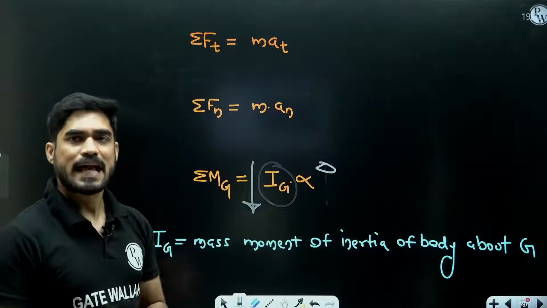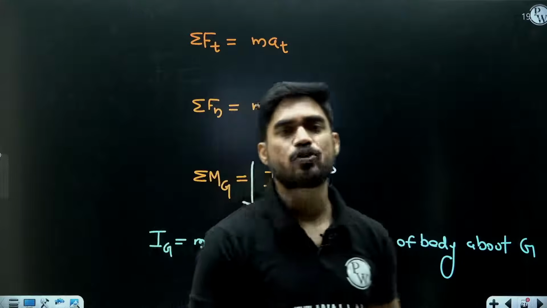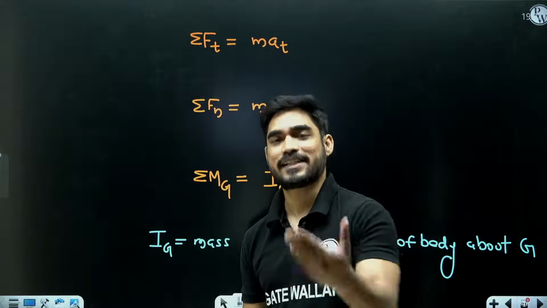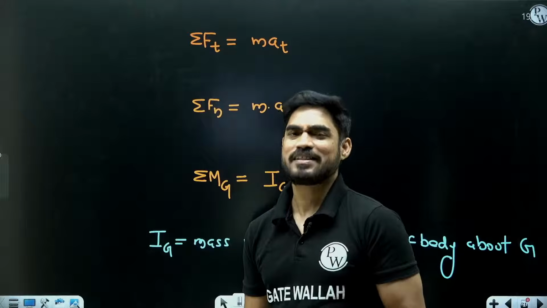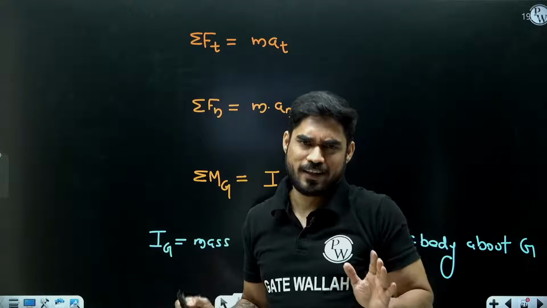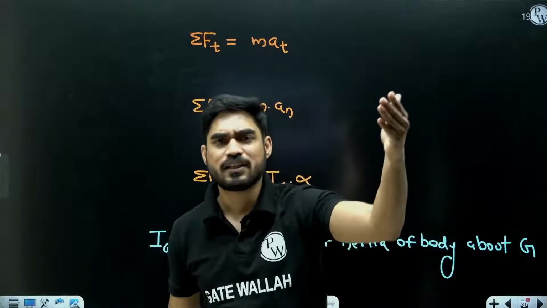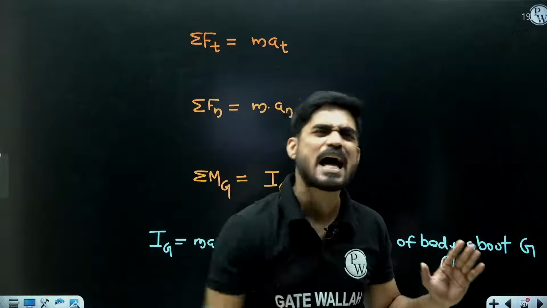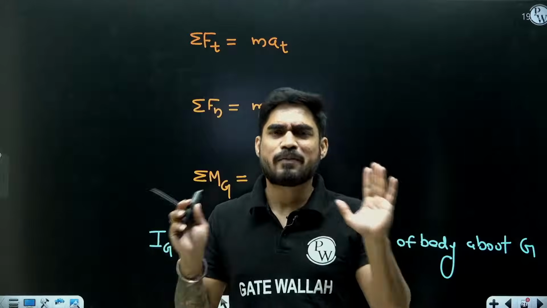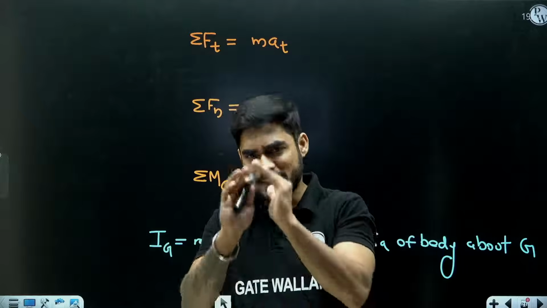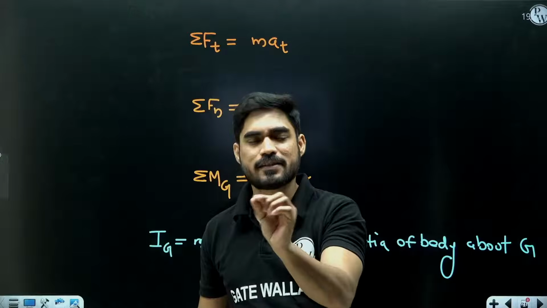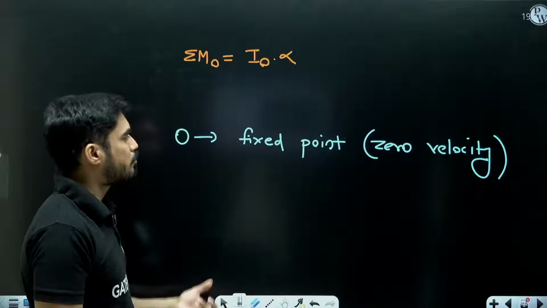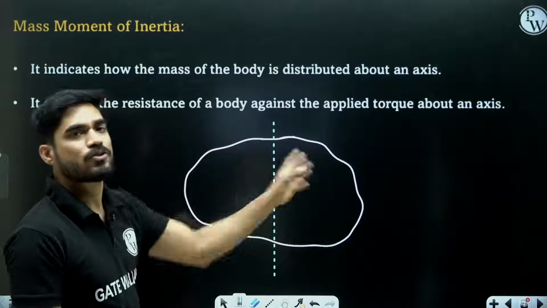So you can say that mass moment of inertia is actually resistance to rotation. If it is very large, the body doesn't want to rotate, and you will have to apply a large moment. But if the mass moment of inertia is very small, if the entire mass is very close to this axis, then you can easily rotate it. So mass moment of inertia is the resistance to rotation.